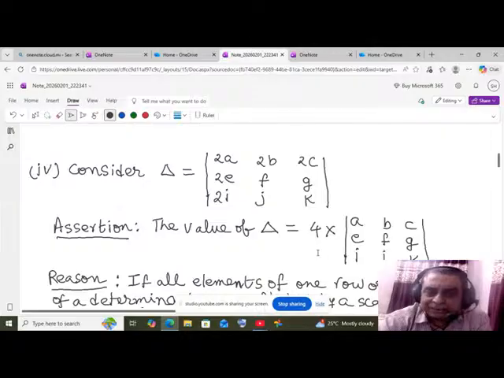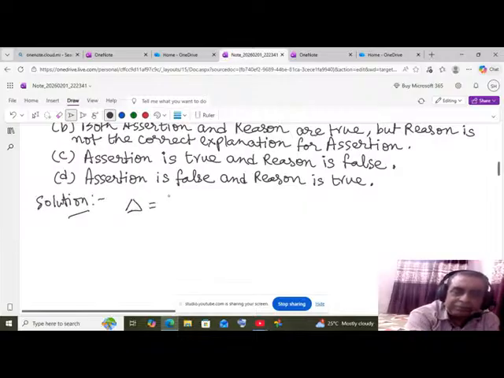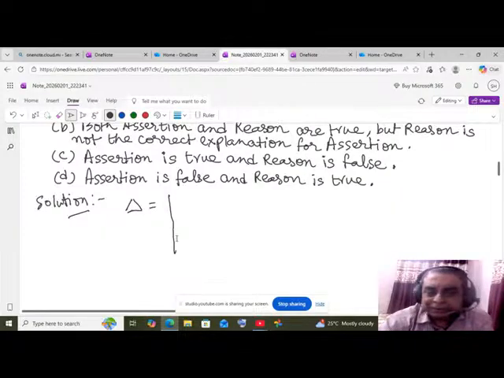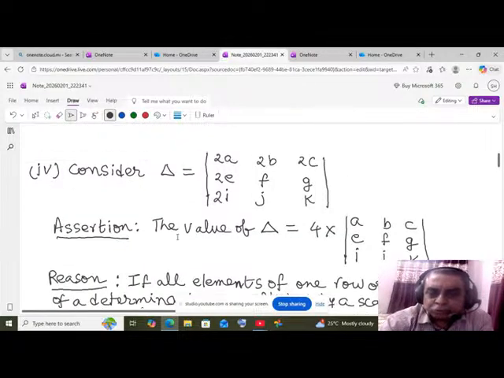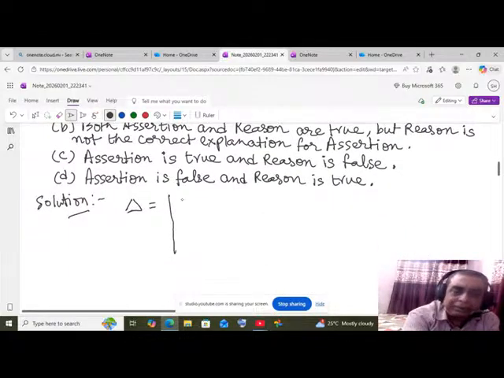So let us write the determinant. Now I am solving it. Please follow here. What is the determinant value given? The determinant is given like this. The first row is 2a, 2b, and 2c.